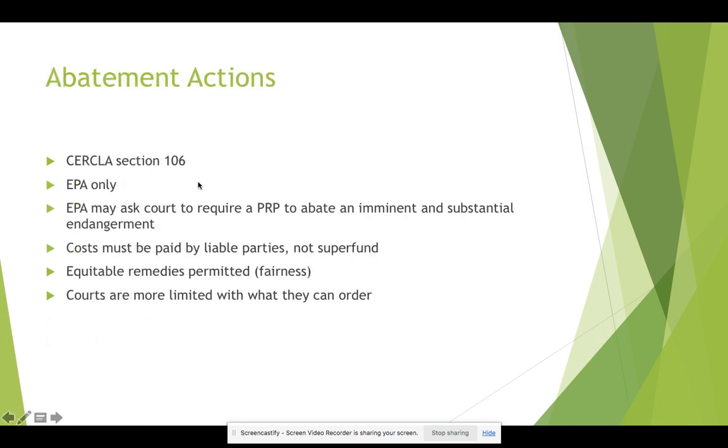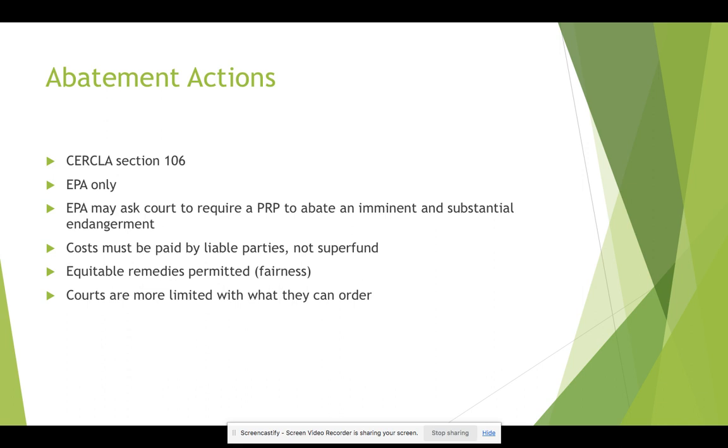So that is recovery. Okay, so abatement actions. All right, so that was cost recovery: if the EPA or a private individual cleaned up and they're looking for money, to get that money back. Okay, so an abatement action is under CERCLA Section 106.